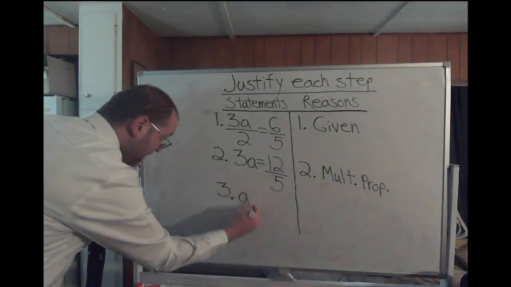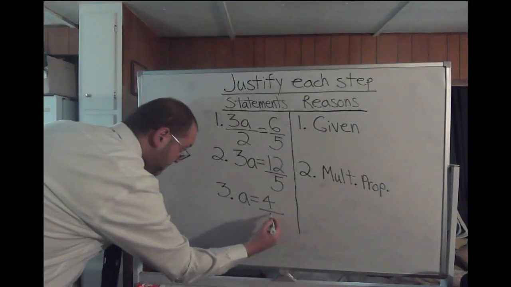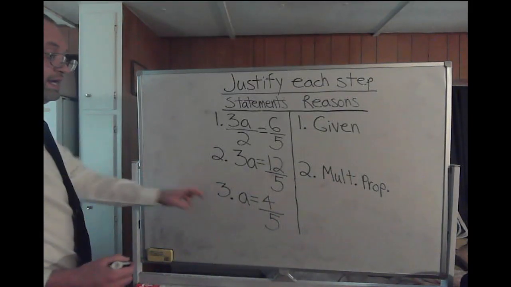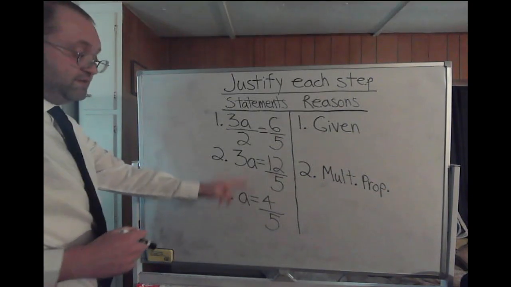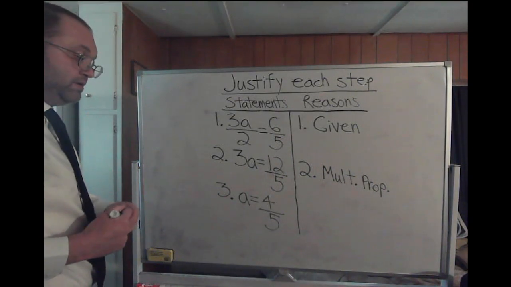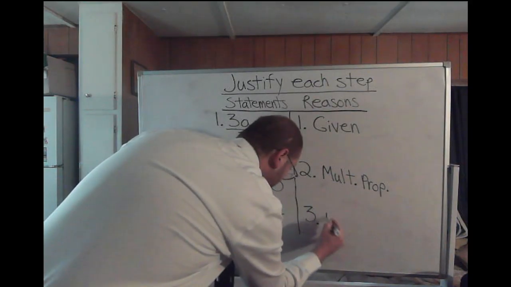Statement 3 would be a equals 4/5. So a equals 4/5. Well, how did we get from here to here? Well, you had to divide both sides by 3, right? So reason 3 is going to be the division property.